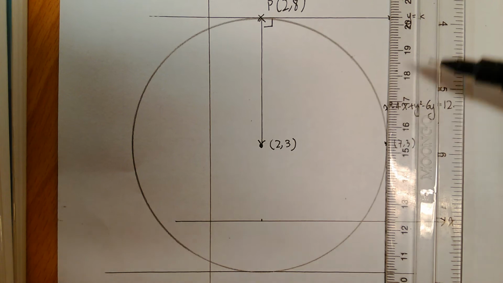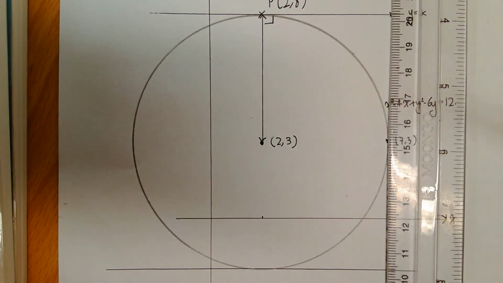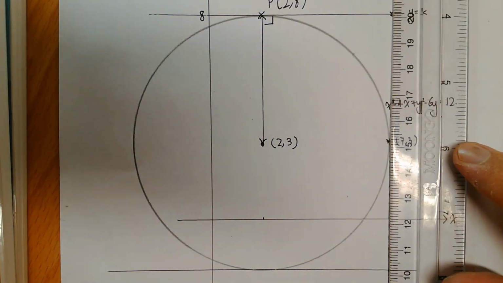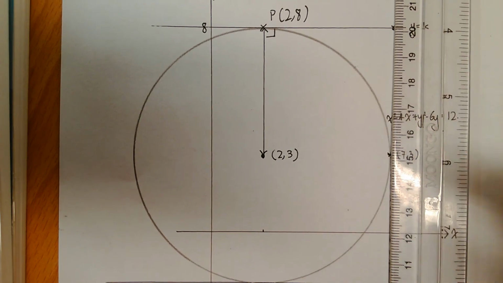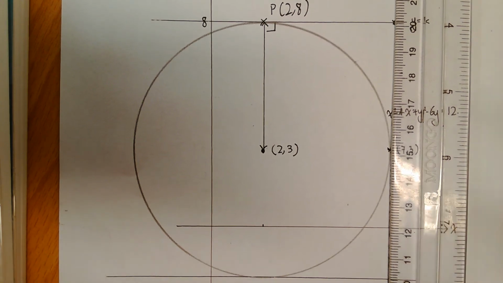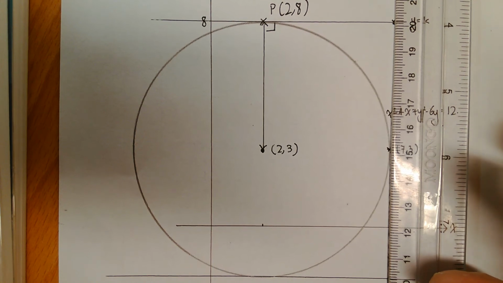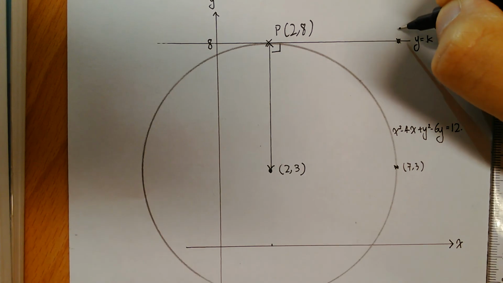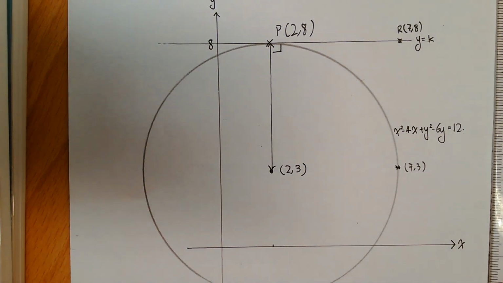So the x coordinate of this point will be 7 and the y coordinate of point R will be 8. Notice here the y value is 8, and for the tangent at the point (7, 3), you can see past the ruler, the x value is 7. So the coordinates of the center of the new circle should be (7, 8). So down here I'll say that R is (7, 8), just like this.